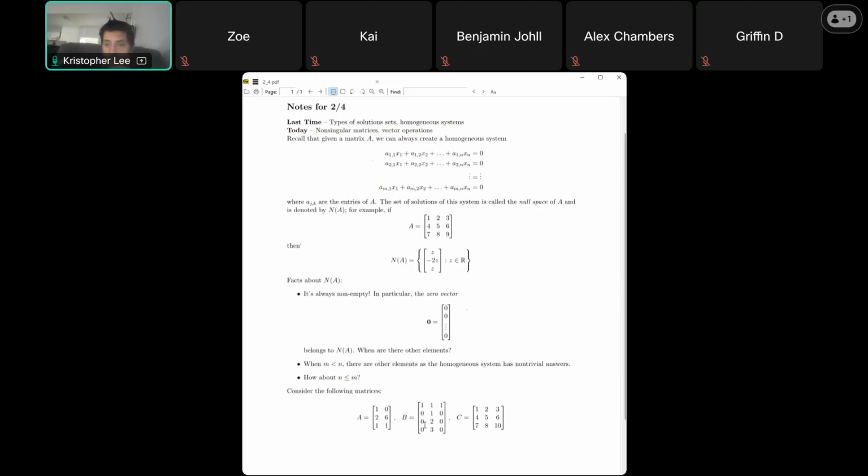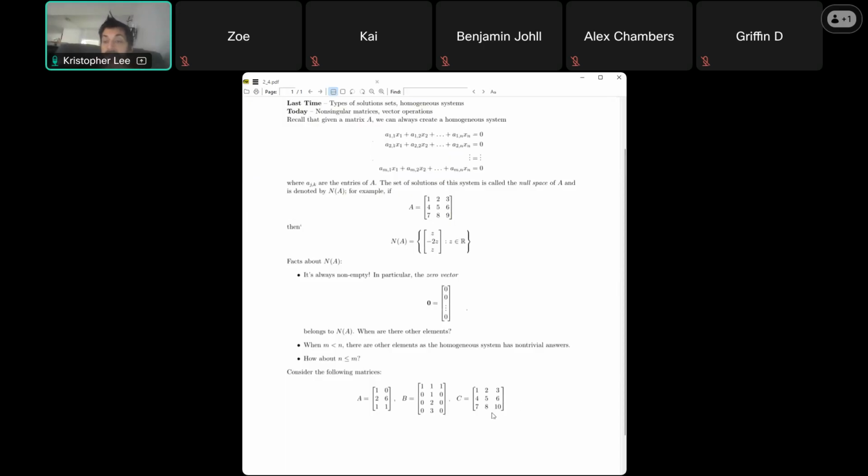In B, we have 4 rows and 3 columns, so again the rows exceed the columns. And in matrix C, we have an equal number of rows and columns. It's almost my favorite matrix, but I've changed ever so slightly one of the entries, and as we'll see, this has fundamentally different behavior.